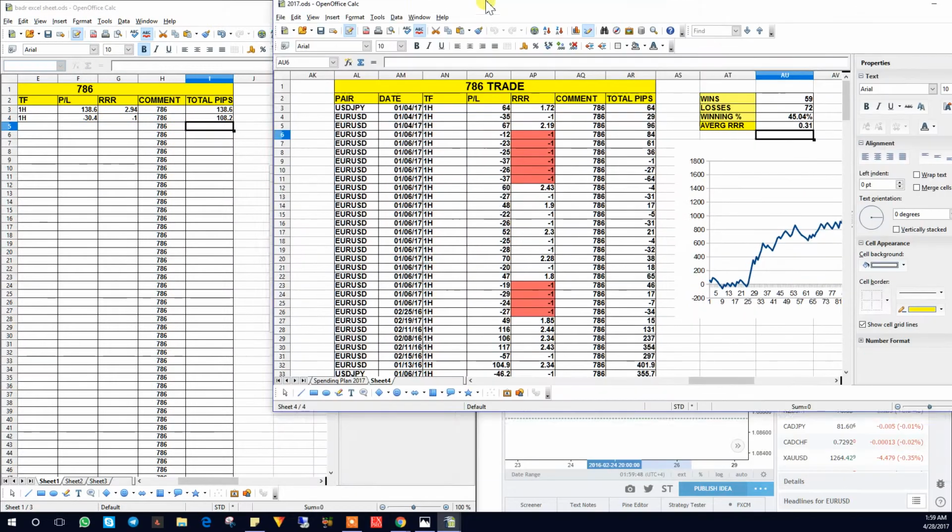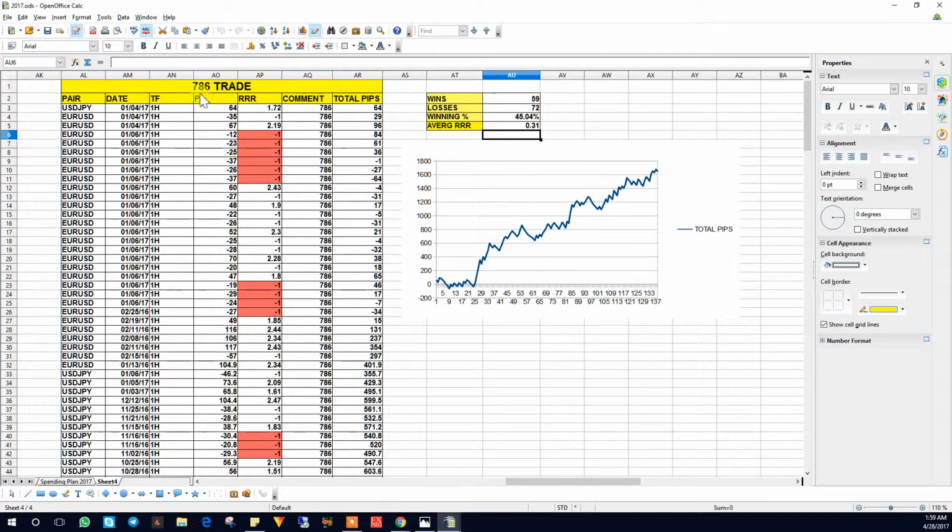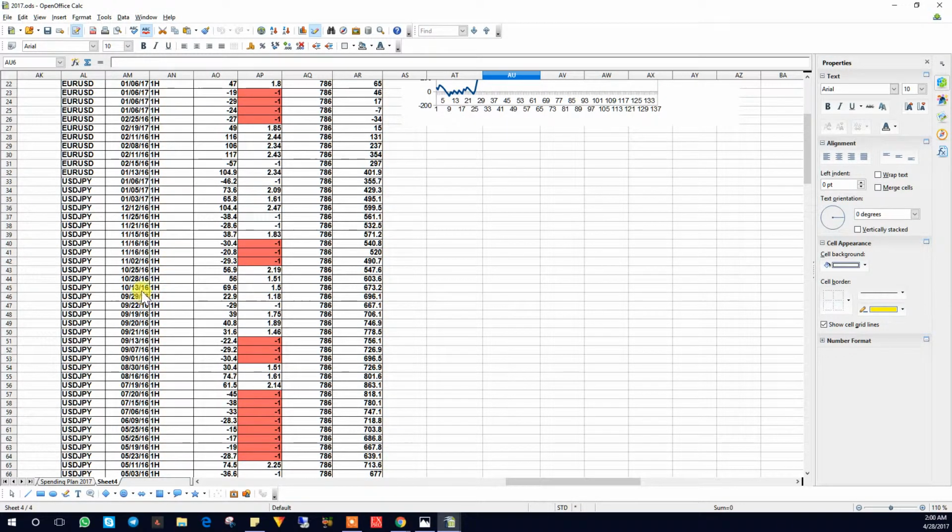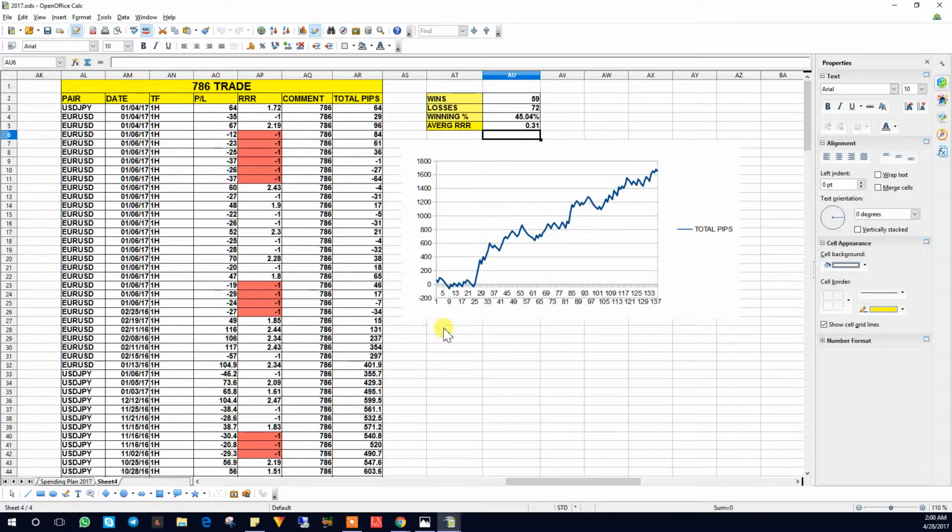Well, these are the stats that I had for the 786 trade back in 2016, and this is the curve. The winning percentage of this strategy is only 45. It's less than 50, but it's still a winning strategy. Why? Here comes the magic of this strategy, because the risk reward ratio is very nice, sometimes 3 times the loss, and the average risk reward ratio is 0.31.